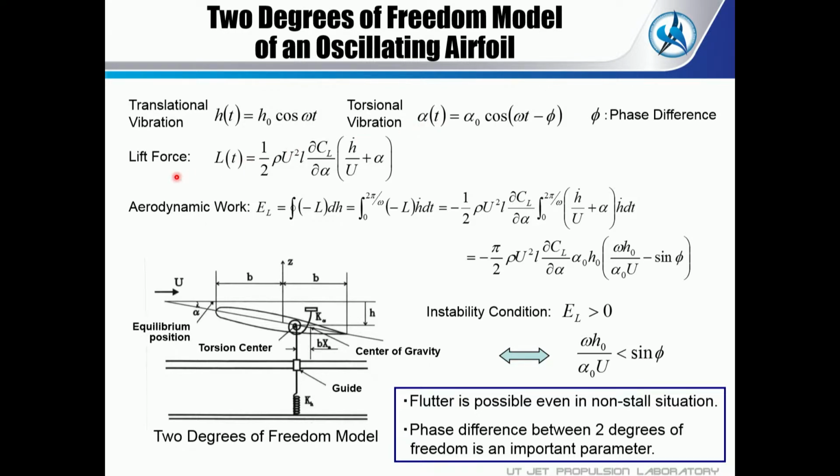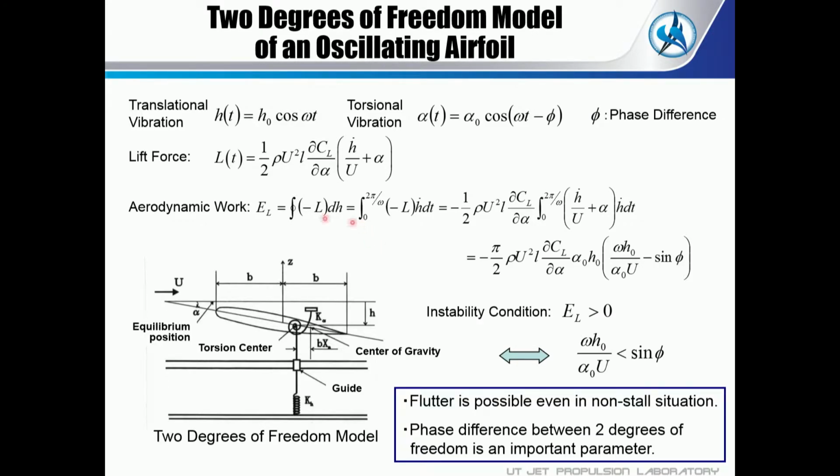In this case, the lift force is expressed as this. In the former case, we had only this term, but now we have alpha here, the torsional vibration. So compared with the single degree of freedom, it's a little bit complicated to find the solution of the differential equation.